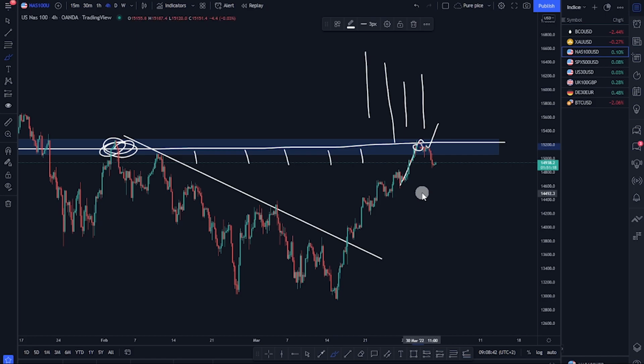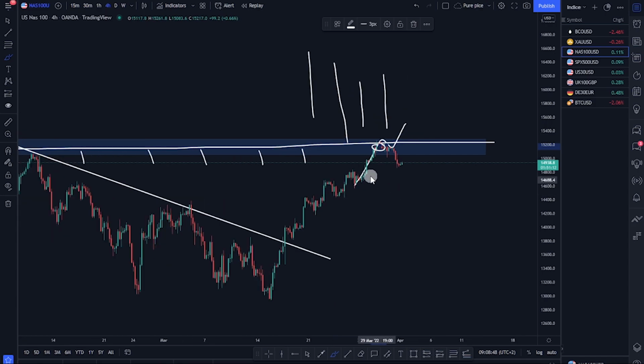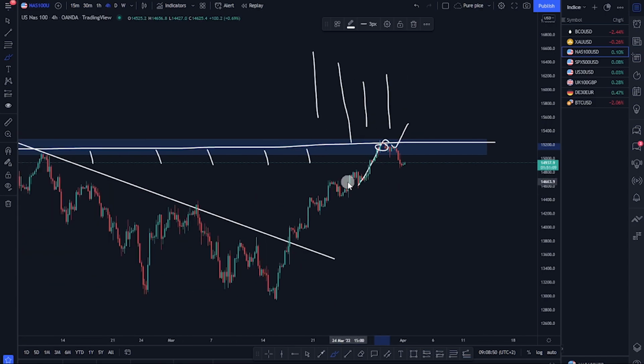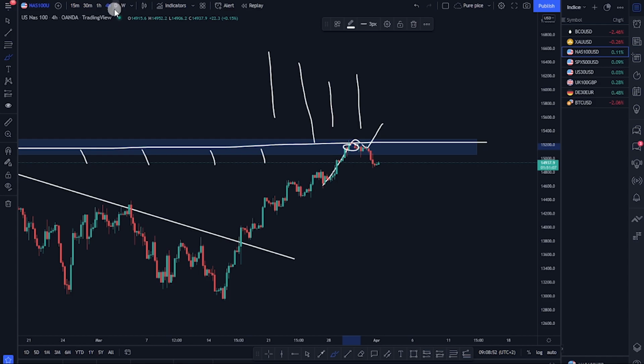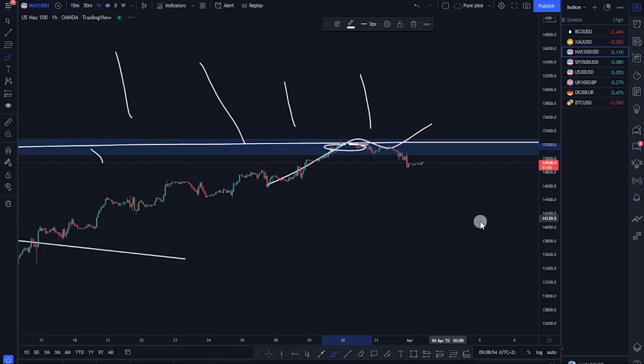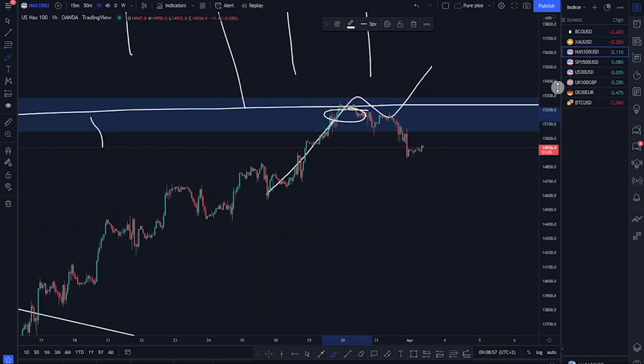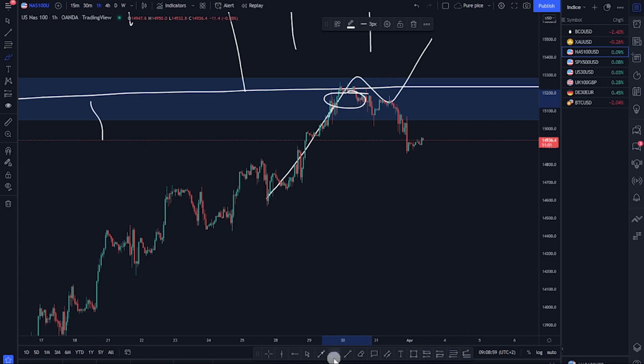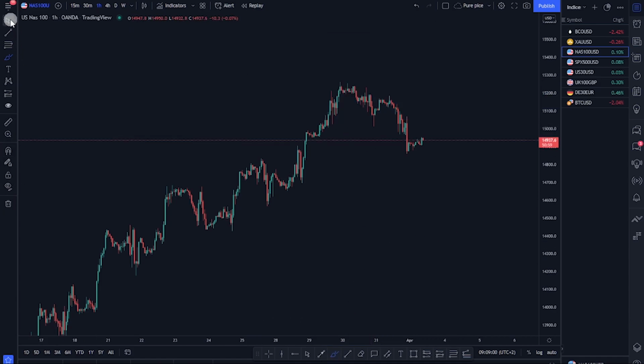That's why I said you shouldn't interpret this as a buy, because there isn't clarity. So what you should do is wait a little bit more and see what is happening. Let me just erase the screen a little bit.